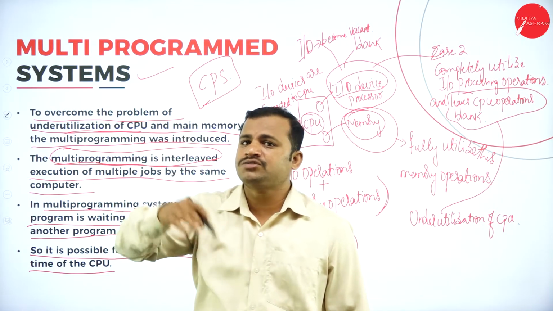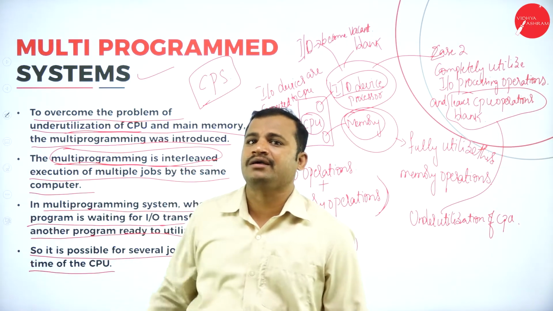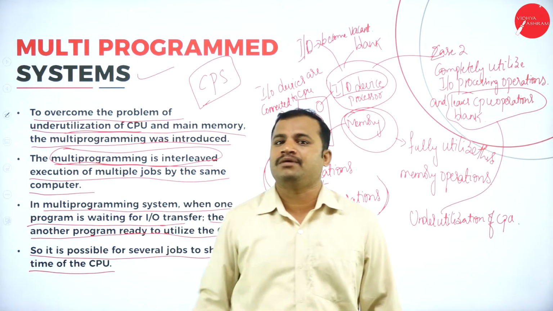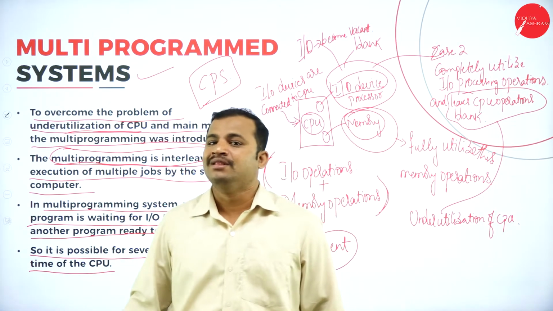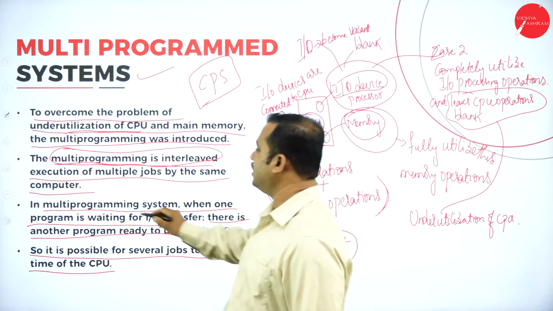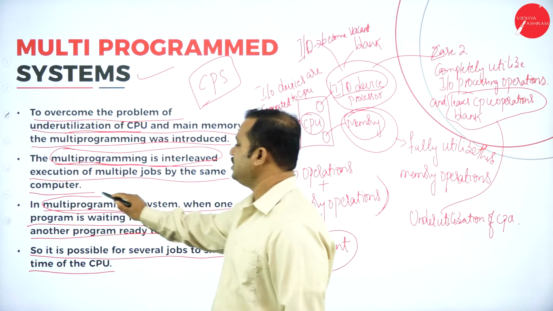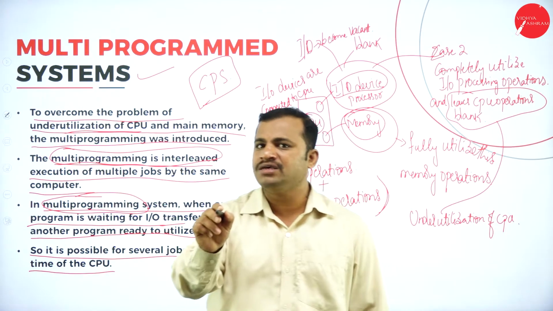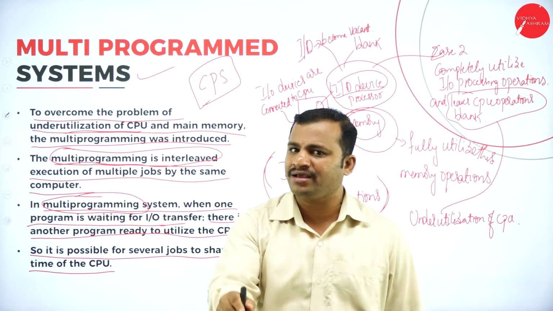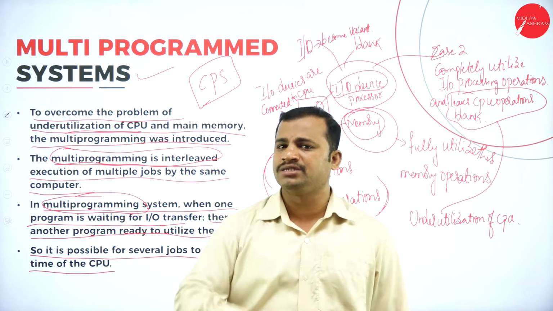None of the devices will be left blank at any point of time. That is the reason I am saying multi-programming. If any device or processor is left blank, that is called underutilization.